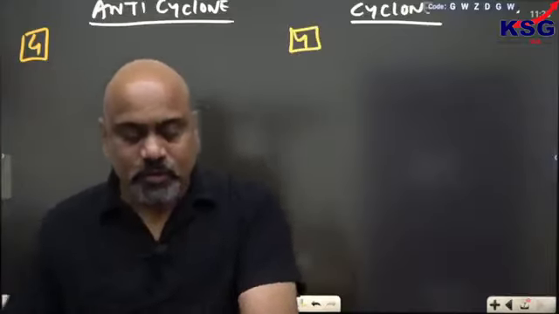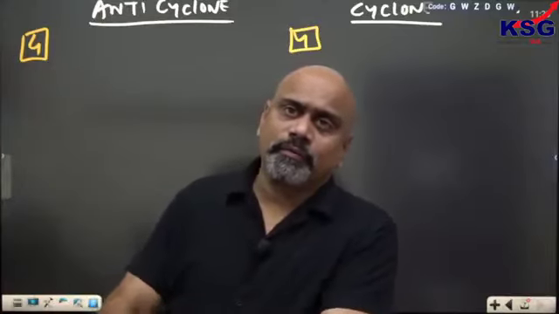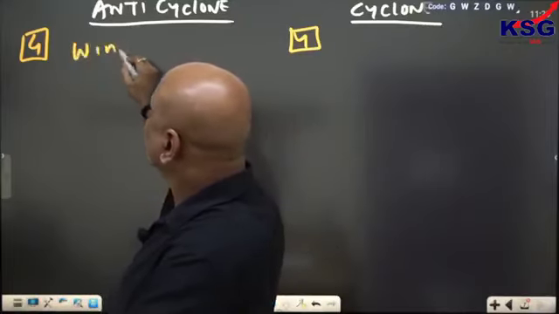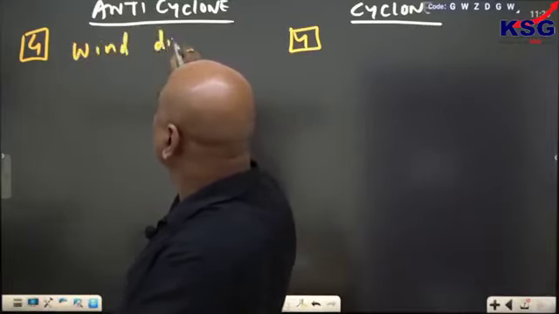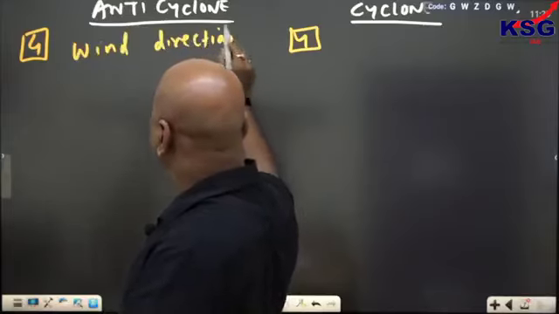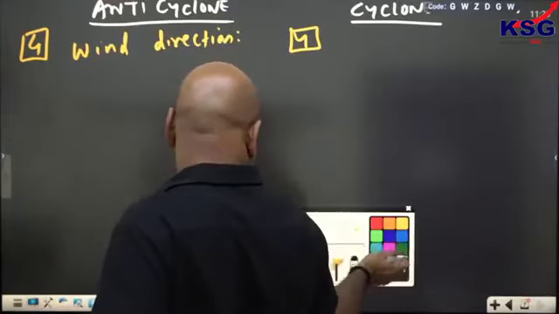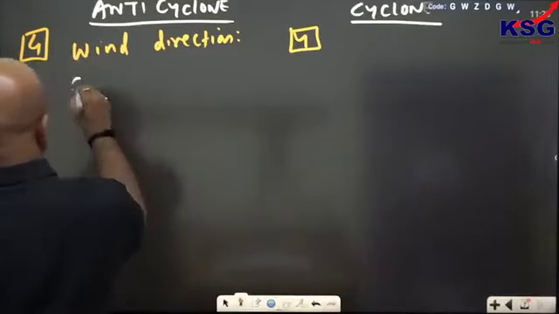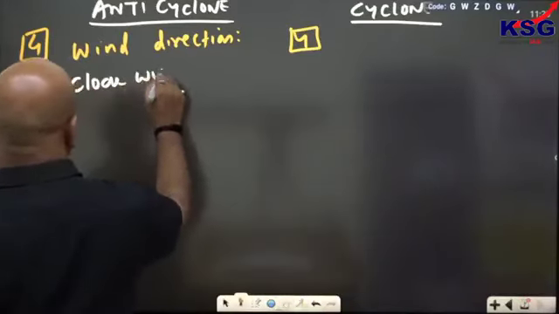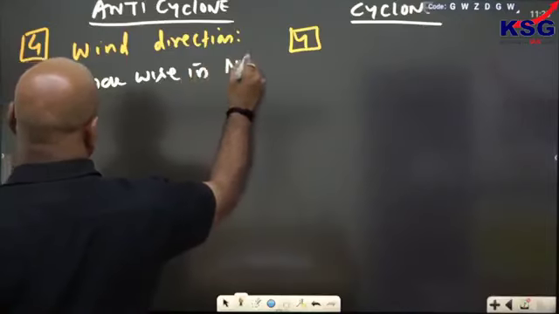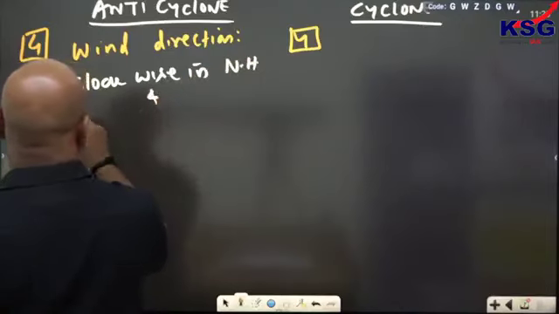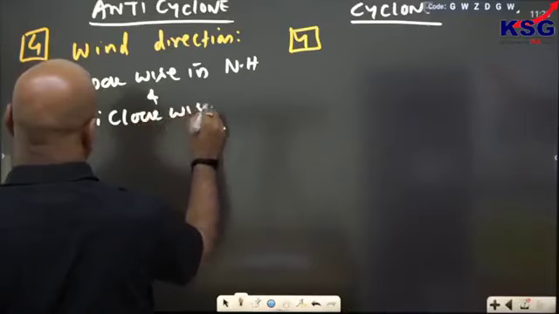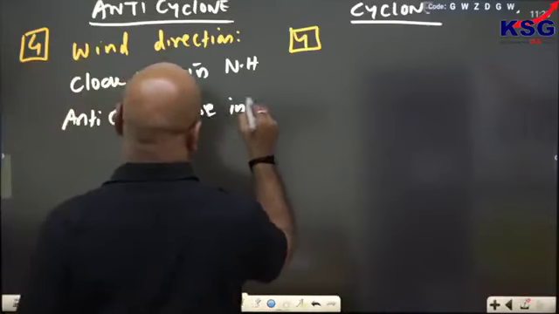Fourth point is wind direction. In case of anticyclone, it is clockwise in northern hemisphere and anti-clockwise in southern hemisphere.